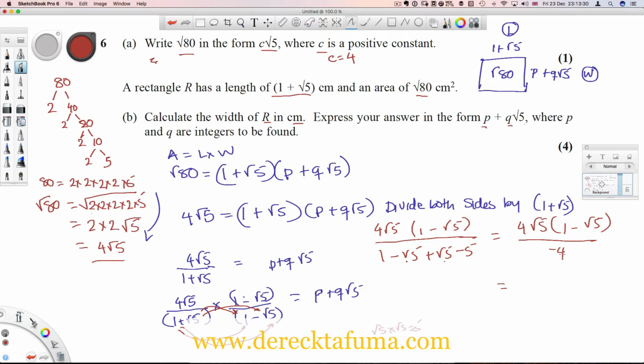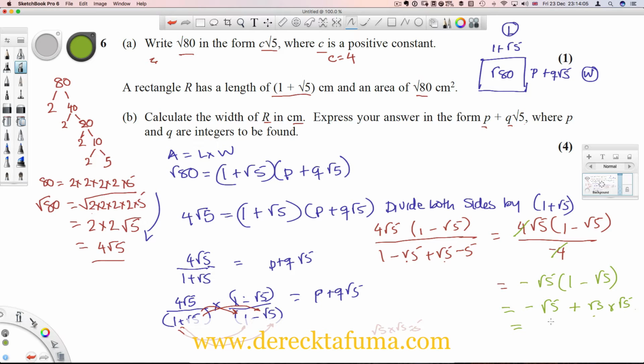Okay, this gives us the minus 4, which cancels with that. So we end up with a minus root 5 brackets 1 minus root 5. This is equal to multiplying the minus root 5 into the bracket: minus root 5 times 1 is minus root 5, and minus root 5 times a minus root 5 makes that positive.